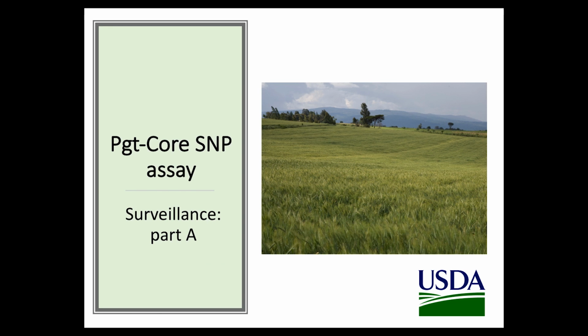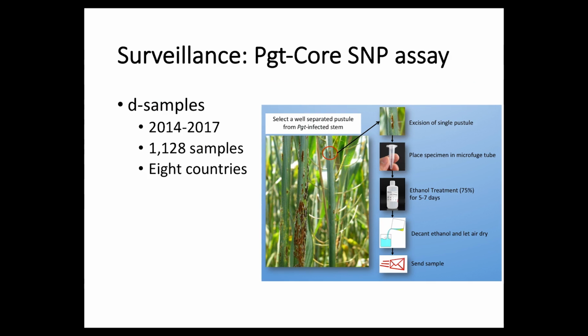In the next part of this talk, I want to show you how we've applied this assay to samples over the last several years, concentrating on Northeast Africa. In the program that we developed with the UG99, we developed what we call D samples. This is a way of collecting field samples, a single pustule from a stem, preferably, or a leaf, that is then killed in ethanol and mailed to us or any other diagnostic lab.